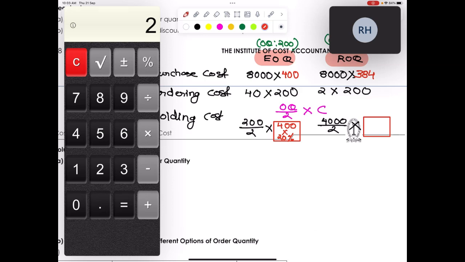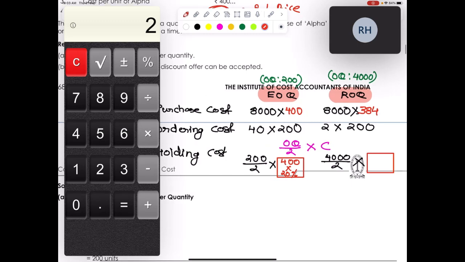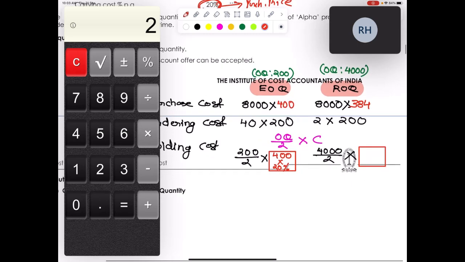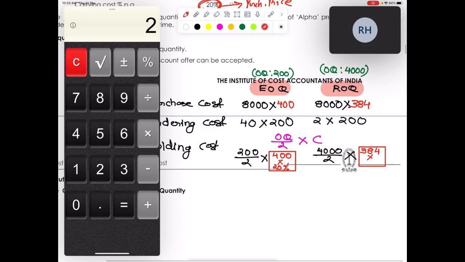But my dear student, when I am ordering the quantity as decided by the supplier to be eligible for quantity discount, my purchase price is not 400 rupee. My purchase price is 384 rupee multiplied by 20% of holding cost.